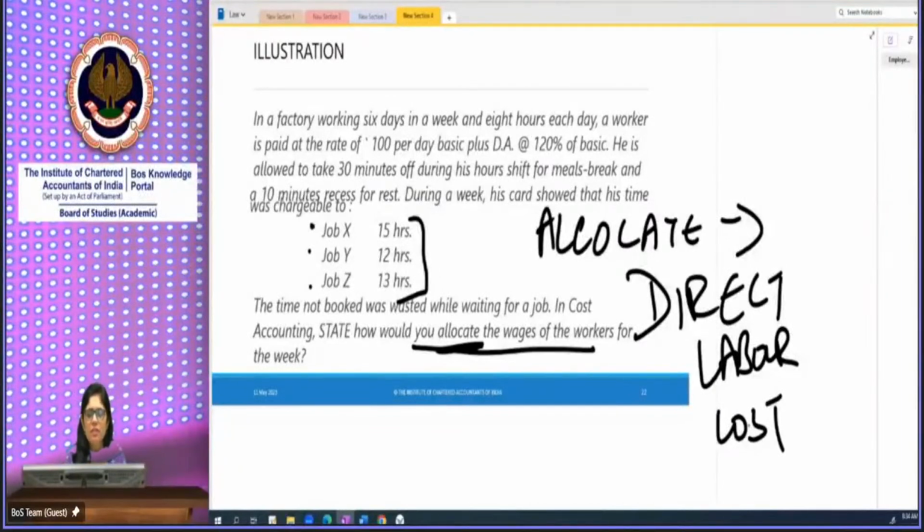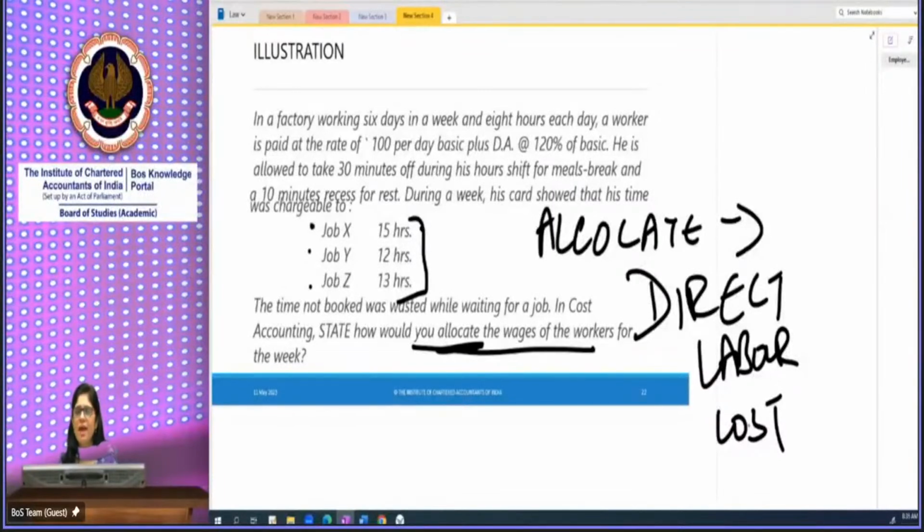Like in this question, this worker has worked 15 hours on job X, based on the time booking department's job card. And this employee has worked 12 hours on job Y and 13 hours on job Z. So whatever we are paying to this employee is direct labor. But indirect is when I don't know exactly how much time I have spent on X, Y, or Z.